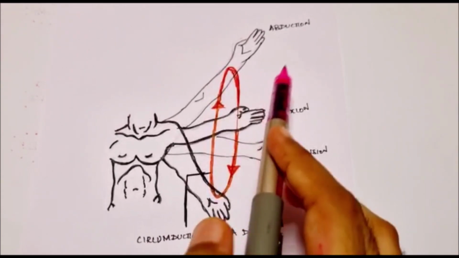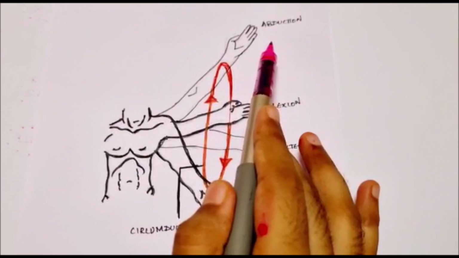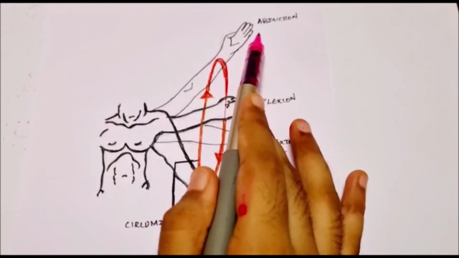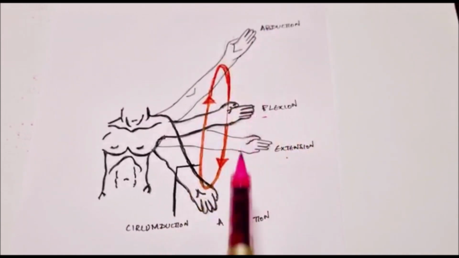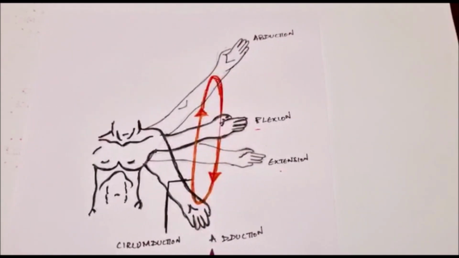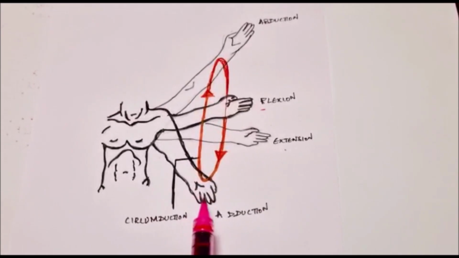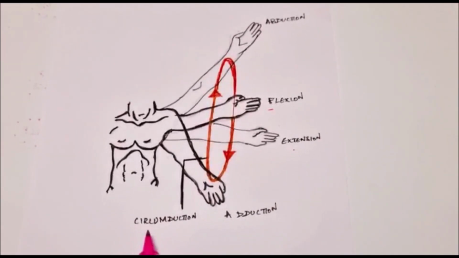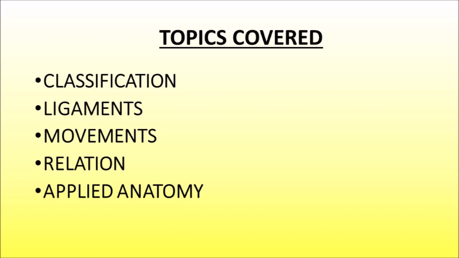Abduction is shown by the supraspinatus, middle fibers of the deltoid and by the fibers of the serratus anterior attached to the inferior angle of the scapula and by the serratus anterior through the shoulder girdle. Adduction is shown by the sternal fibers of the pectoralis major and the latissimus dorsi. The glenohumeral joint also exhibits circumduction, which is the combination of all movements and also includes medial rotation and lateral rotation.